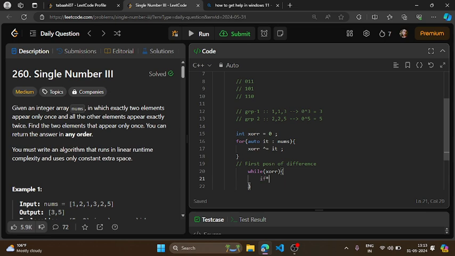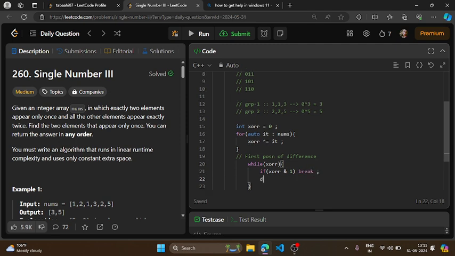So I will check if the bit at that particular position is 1 or not. If it is 1, then I will simply break from the loop. If it is not 1, then I will increase my differ bit by 1.